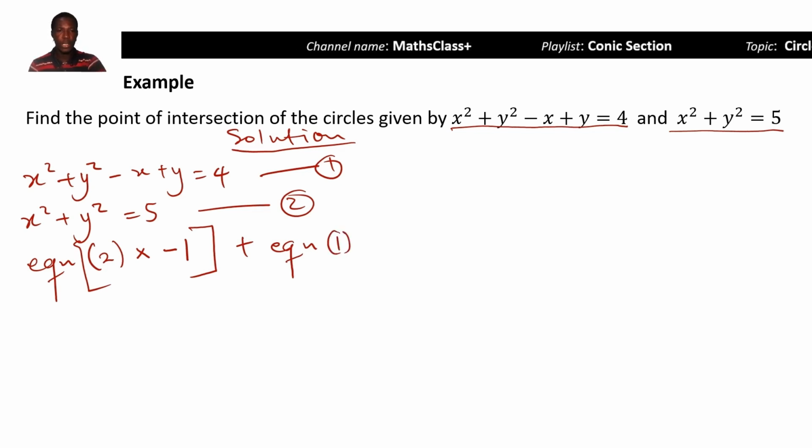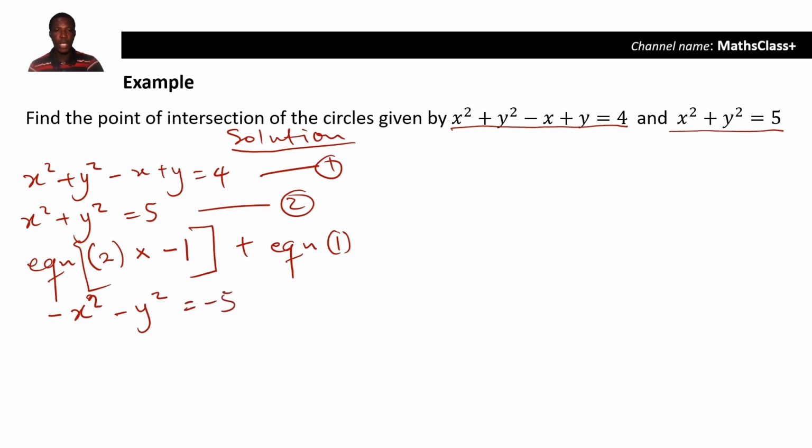Firstly, my equation 2 becomes negative x squared minus y squared is equal to -5. And when I add it to equation 1, the x squared component will go away, the y squared component will go away, and I will be left with negative x plus y is equal to -1. So that is what I will get.